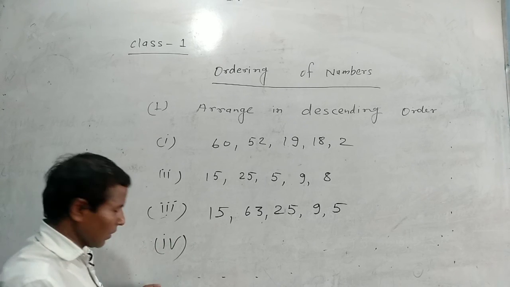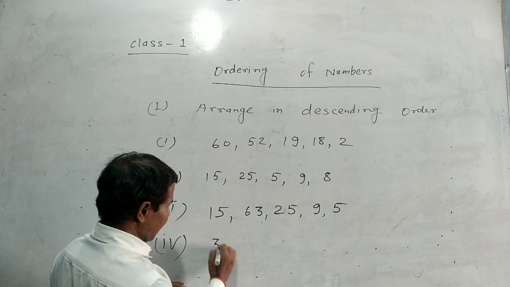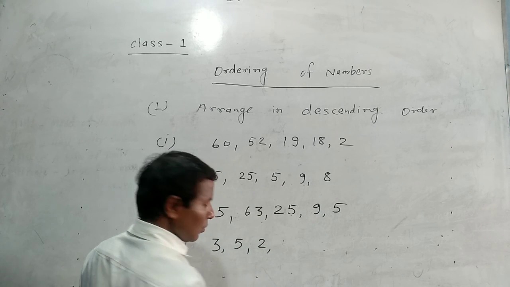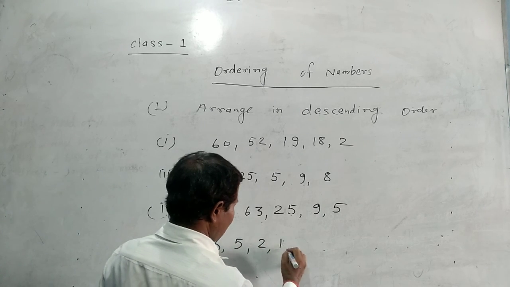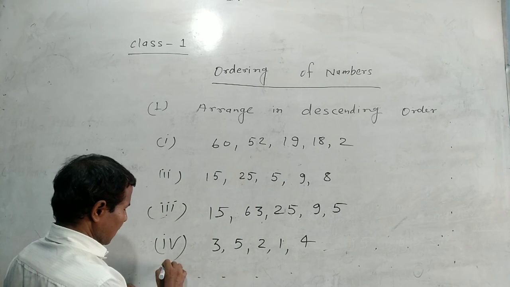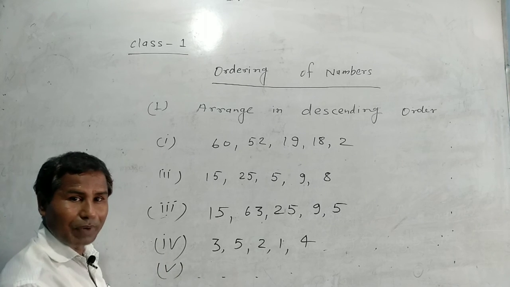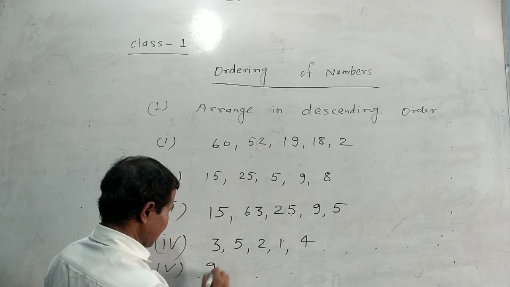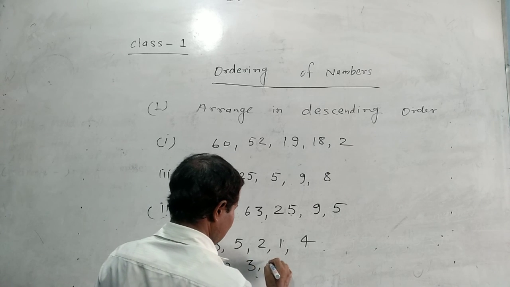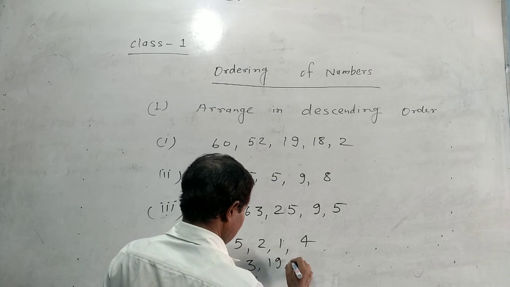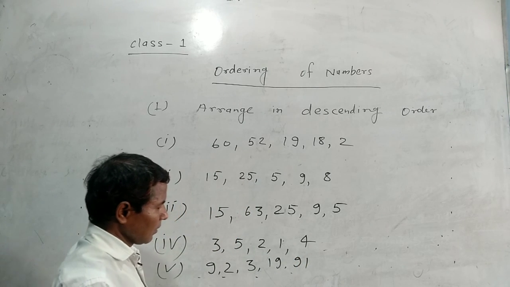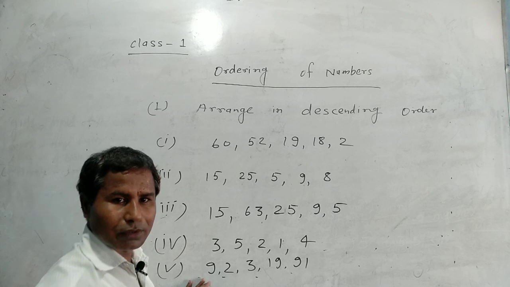In question number 4: 3, 5, 2, 1, 4. At last, question number 5: 9, 2, 3, 19, 91. Thank you.